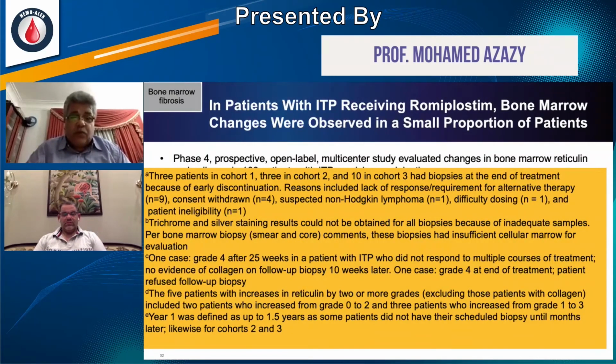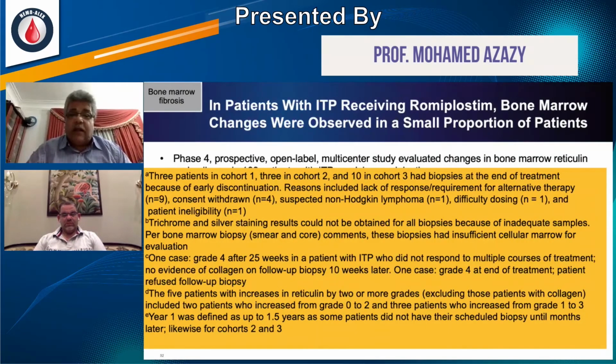However, 5 patients had an increase in reticulin by 2 or more grades, excluding those patients with collagen, and the follow-up showed that this response is a little bit insignificant when they studied those patients.